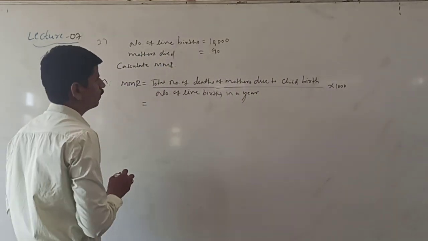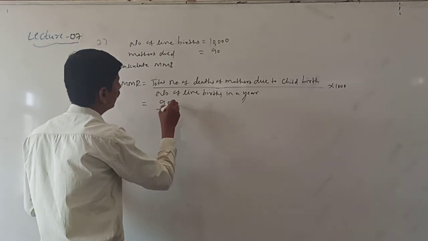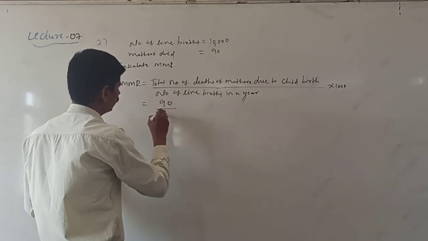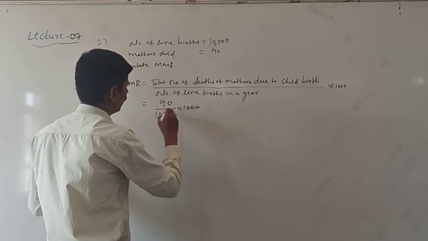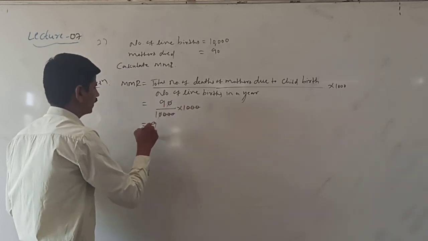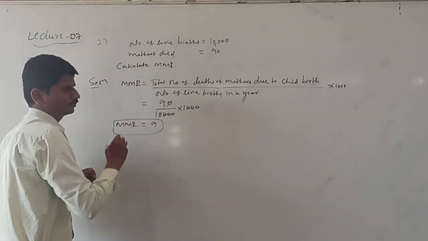Here number of deaths of mothers is 90, divided by number of live births 10,000 into 1000, then we will get 9. MMR, maternal mortality rate, is 9.